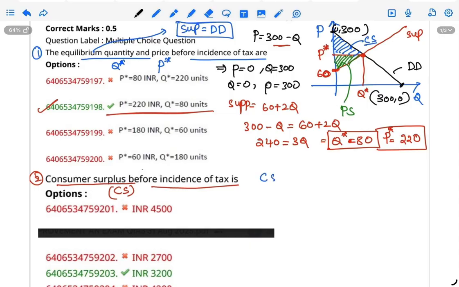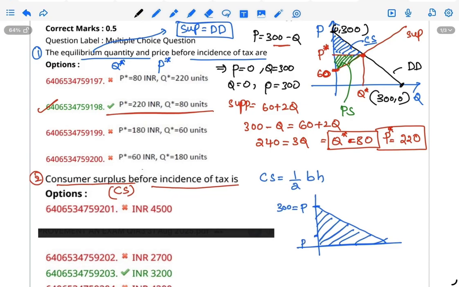So CS equals half times base times height. This is the triangular area. P equals 300 at the top, and P star is 220, and 300 minus 220 is 80.